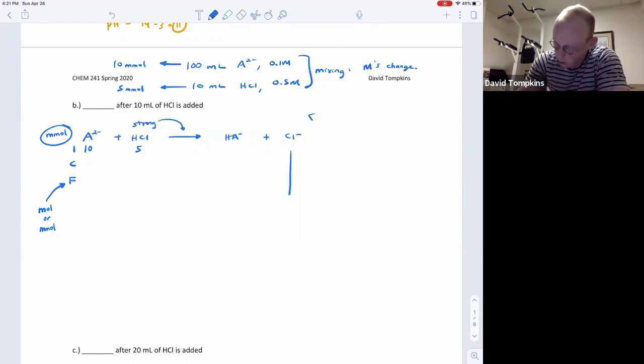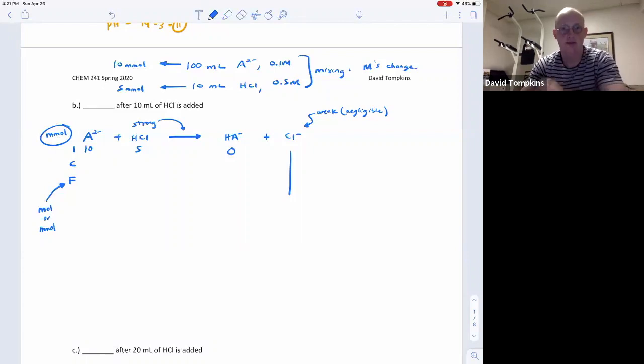Chloride is a weak conjugate base, so weak that it's negligible because it derives from a strong acid. And HA minus is not present yet, at least at the instance when we add the HCl, it's barely there. But this is a limiting reagent problem, and it will go irreversibly to completion until the smaller millimole reagent runs out.